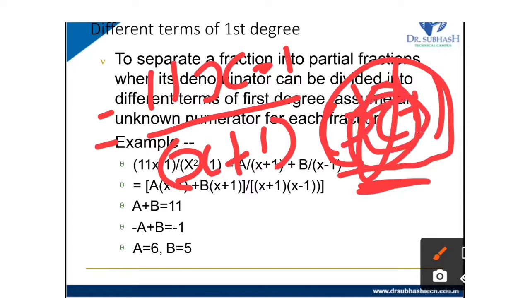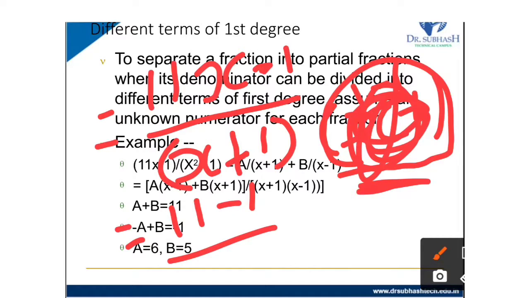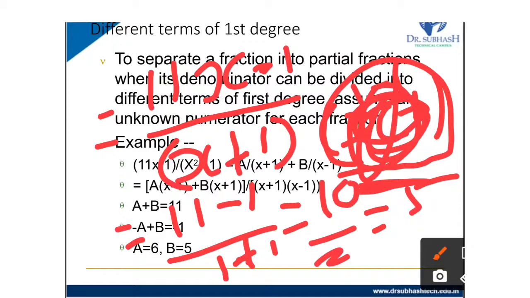So we will remove it and put x equal to 1 in the remaining equation. So 11 multiplied by 1 equal to 11, minus 1, divided by x plus 1, so it is 1 plus 1. So 11 minus 1 equal to 10 and 1 plus 1 equal to 2. So we will get 5.